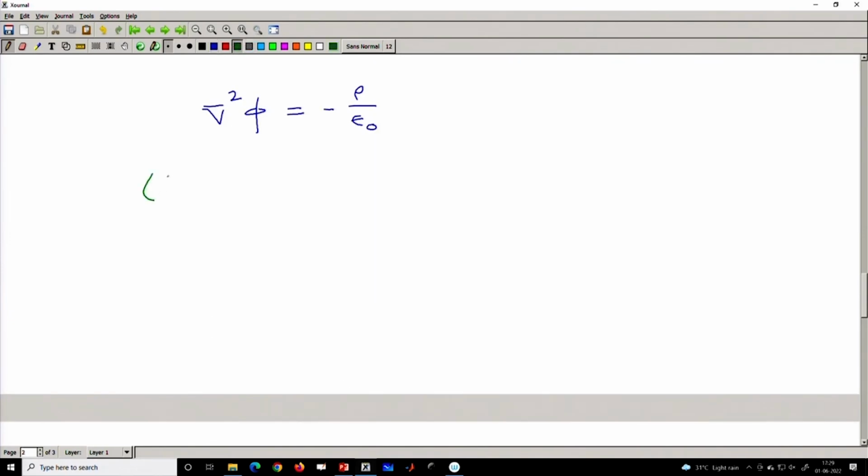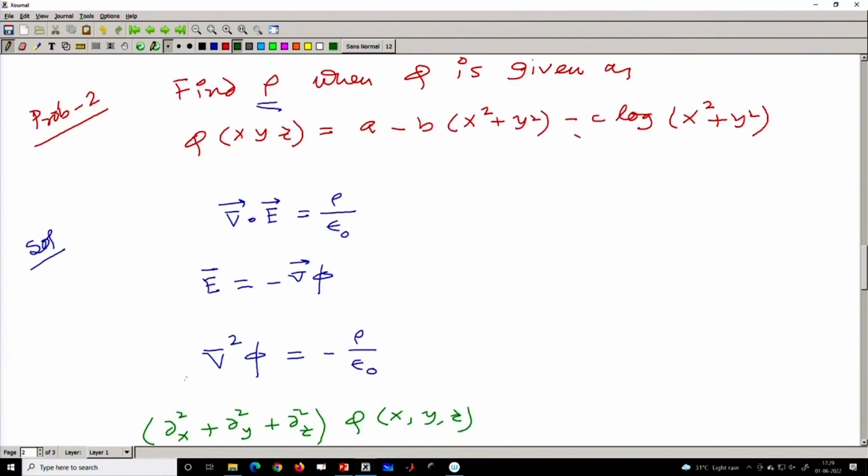So, this operator is simply d2x plus d2y plus d2z in shorthand notation. This is the way we represent the operator here, and that should be operated on the function phi. Now if I go back to the function, it is a minus b x square.